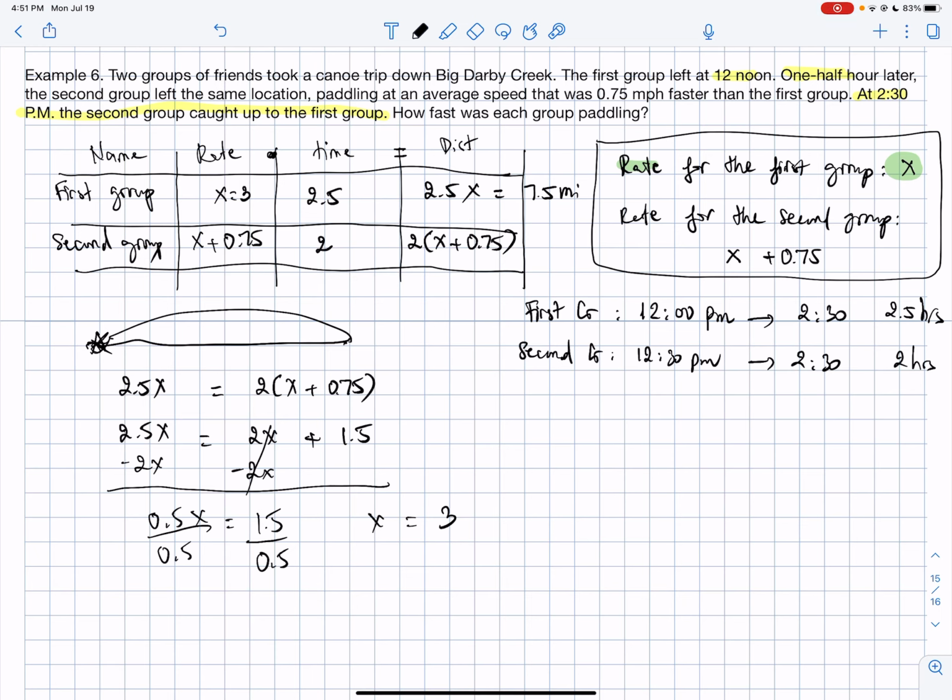The second group travels 0.75 miles per hour faster, so that would be 3 plus 0.75 miles per hour, which is 3.75. And the time is 2. If we multiply these numbers together, we see that 7.5 miles is the second group's distance. Both of them have the same distance, which means they must meet each other.